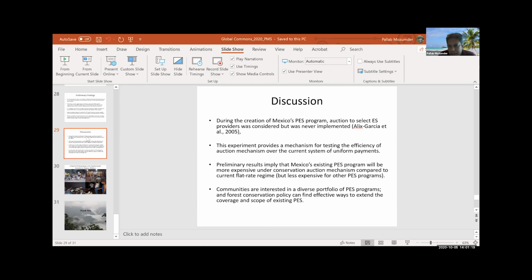And so these innovative economic tools might generate some local interest, some sense that they have a say in the process, and can make this PES program more sustainable.